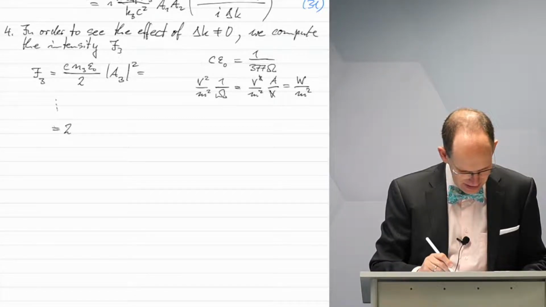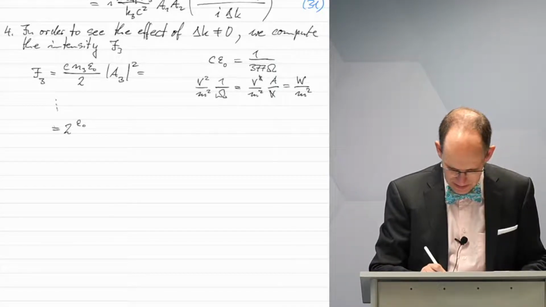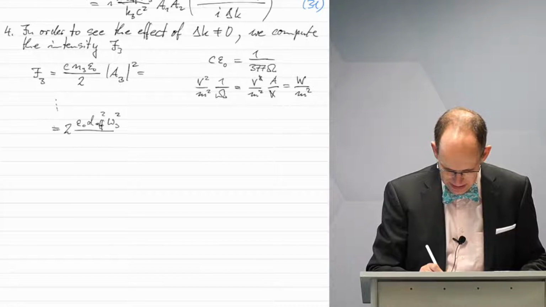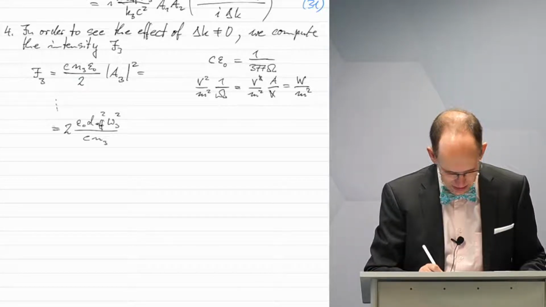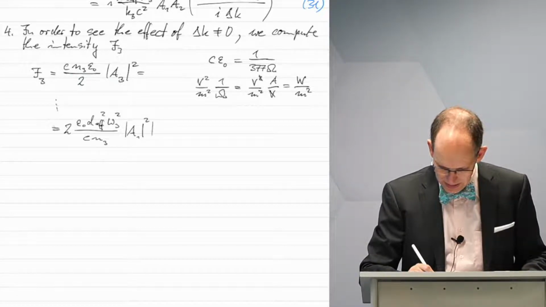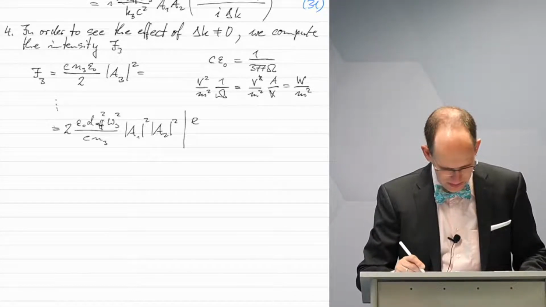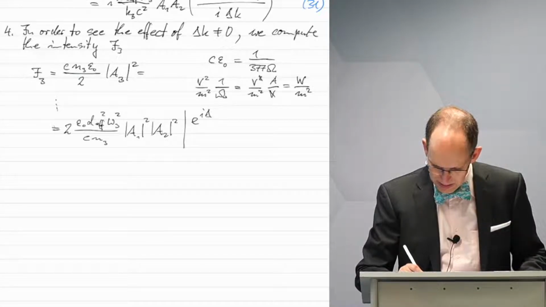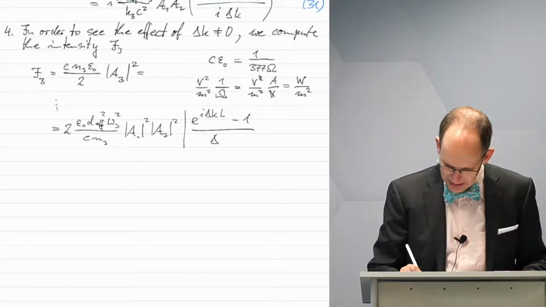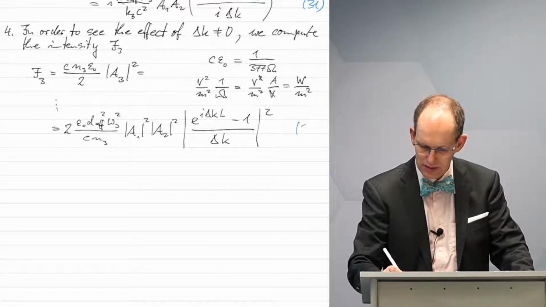I just write down the result: 2 times epsilon 0 times the effective nonlinearity squared, omega 3 squared, divided by c n3, and then we have the amplitude of A1 squared, the amplitude of A2 squared, and this term with the phase mismatch divided by delta k, also squared. So that's equation 32.